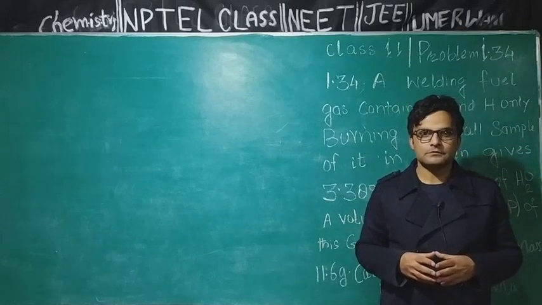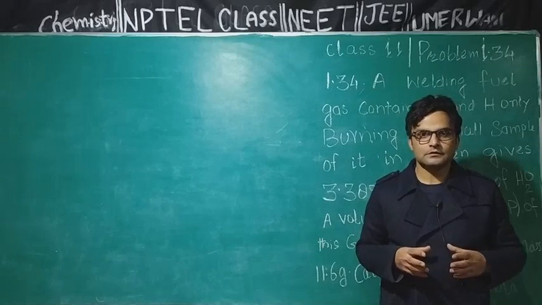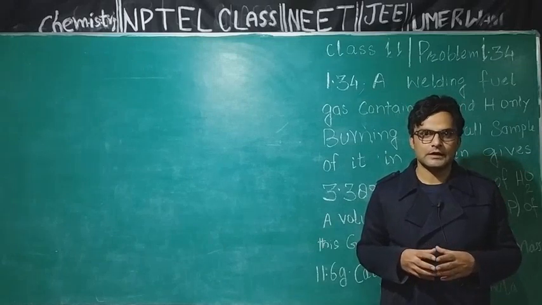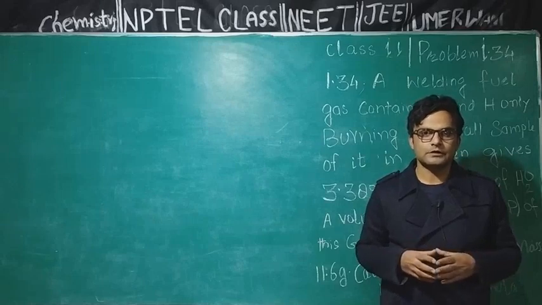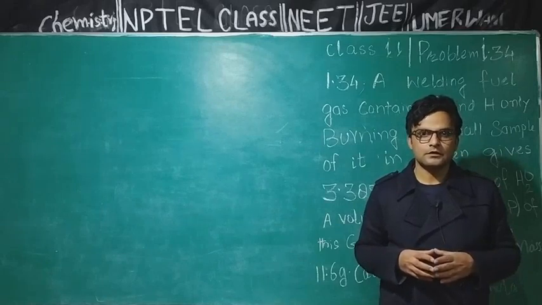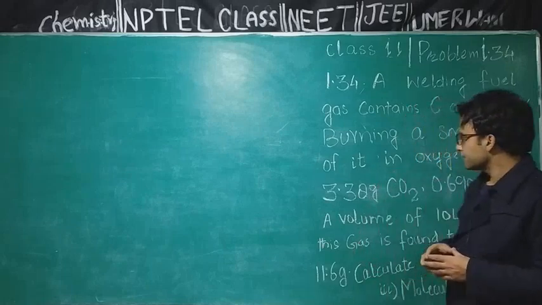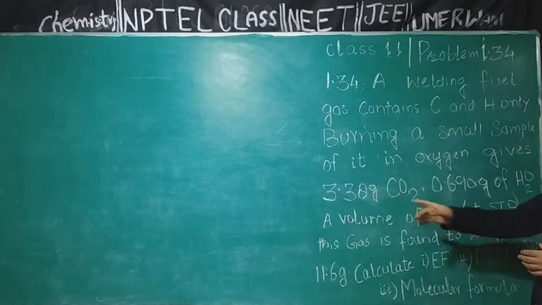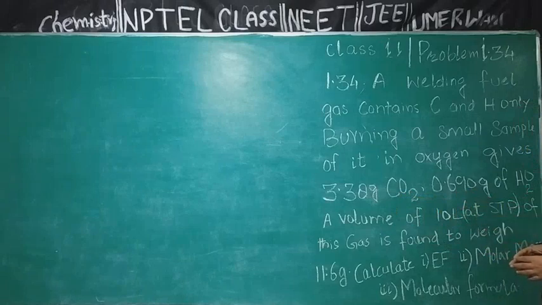This problem is based on a chemical reaction, and in this chemical reaction our reactant is a hydrocarbon gas made up of carbon and hydrogen only, and after combustion, it produces 3.38 grams of carbon dioxide and 0.690 grams of water.